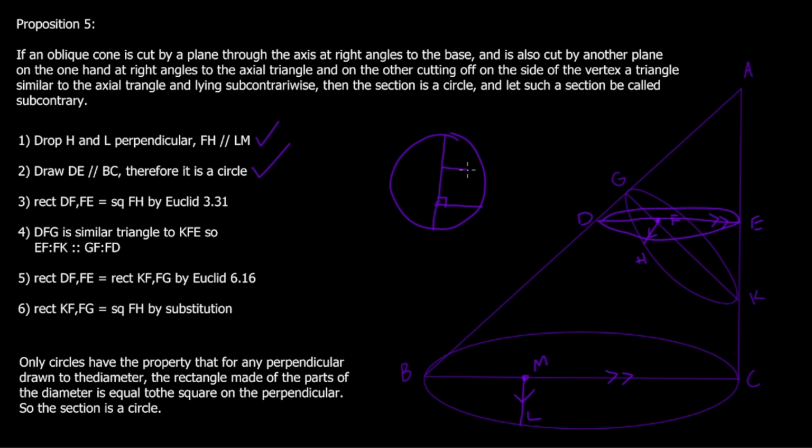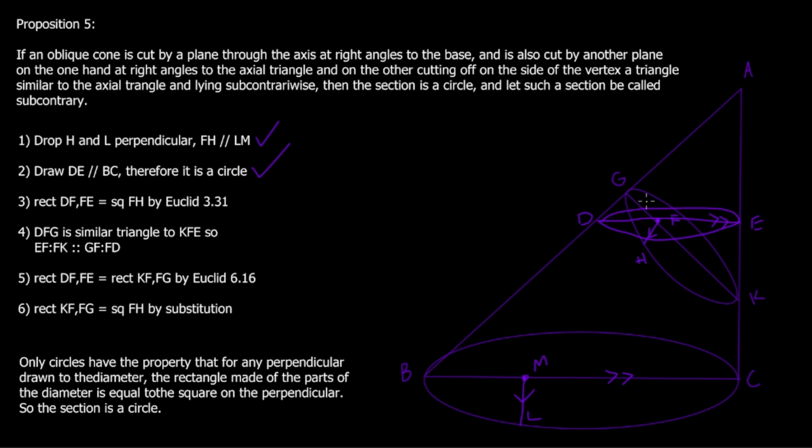Literally, if you drew a square made up of this length all the way around, and you do a rectangle with one side this length, and the other side this length, this rectangle would be equal to this square. Ancient geometry is full of sort of tricks with equating areas like that, because that's all they have to work with, and I think it's pretty interesting.